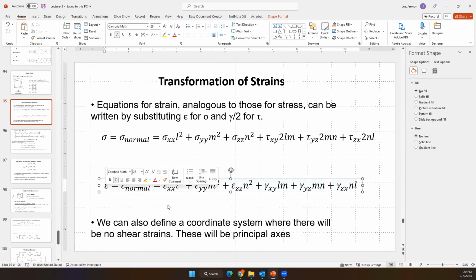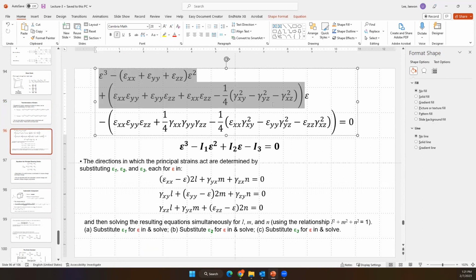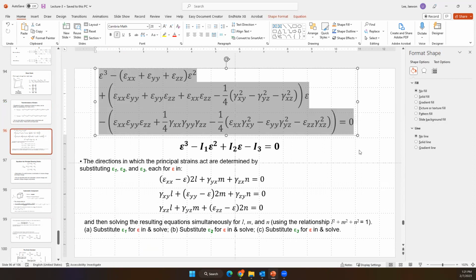So we have the deformation before, then the stress tensor, normal stress, shear stress, and strain. Then at that time we can calculate it like deformation.